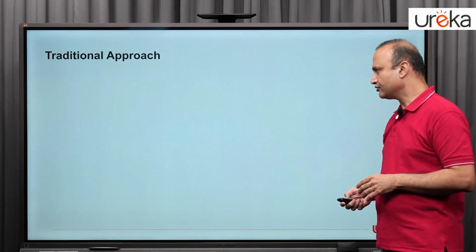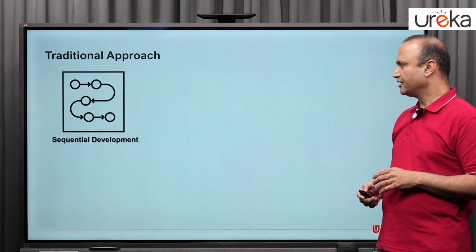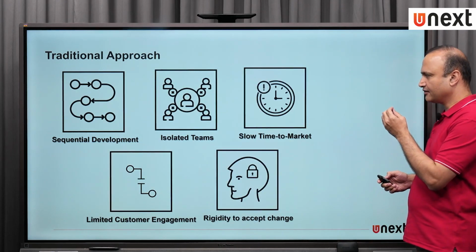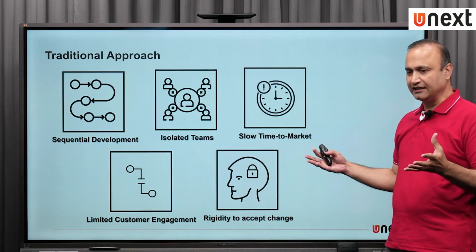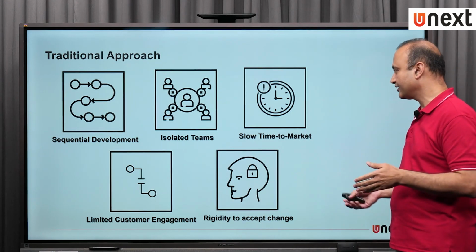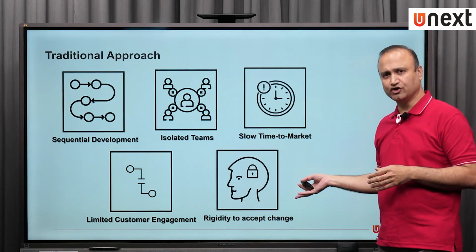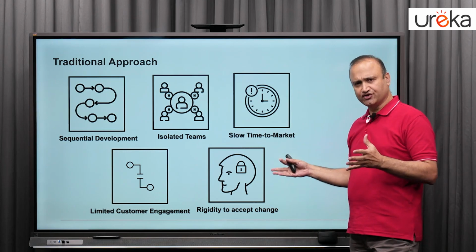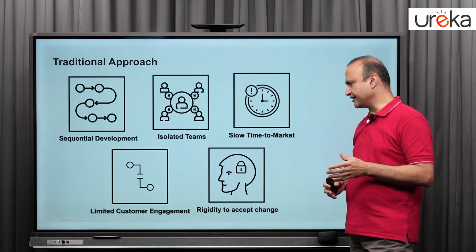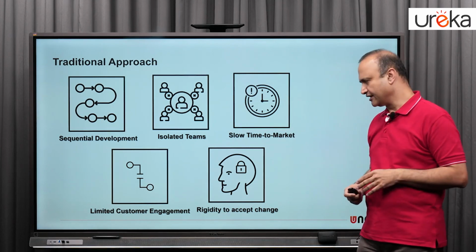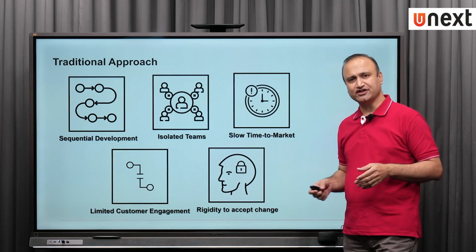So the traditional approach, with its sequential development, with the ability for teams to collaborate being on the lesser side with isolated teams, with the slow time to market because of the product life cycle being long, created a challenge for these organizations because there was limited customer engagement due to the linear approach and rigidity to accept change.